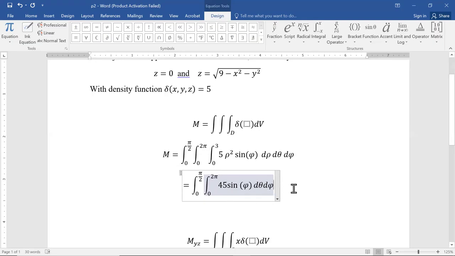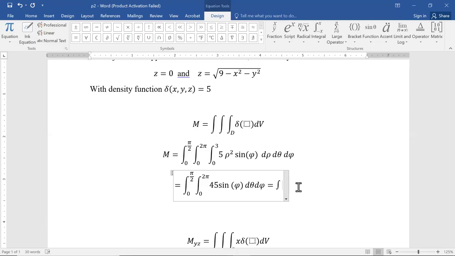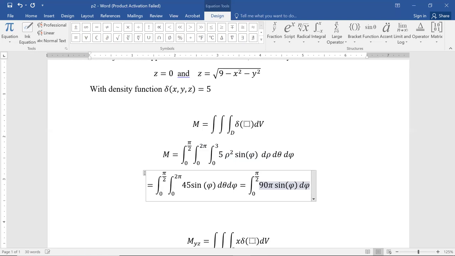And then I'm going to be integrating with respect to theta from 0 to 2 pi. That's, again, pretty straightforward because everything there is a constant with respect to theta. And so we're going to get 90 pi times sine of phi, integrated with respect to phi from 0 to pi over 2.